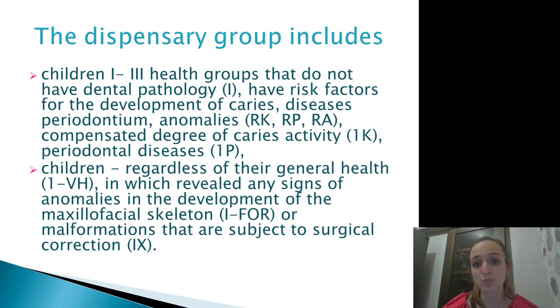Next one, the first dispensary group includes children from 1 to 3 health groups that do not have dental pathology, have risk factors for the development of caries, periodontal diseases, and different anomalies that compensate a decrease of caries activity and of periodontal diseases.